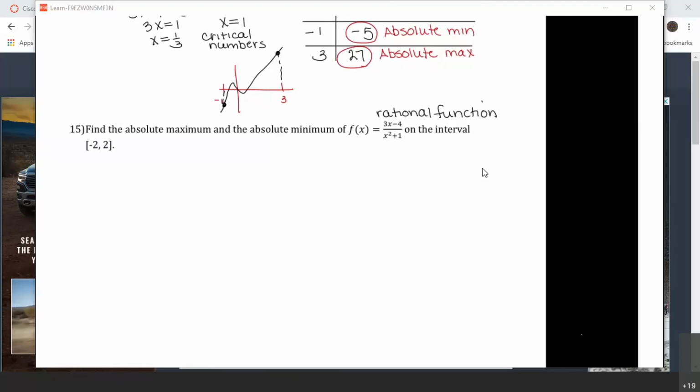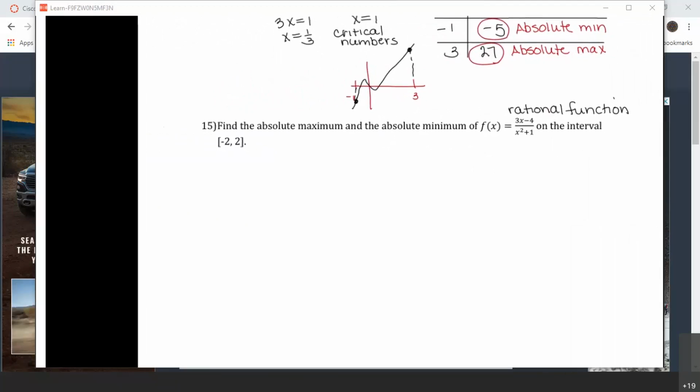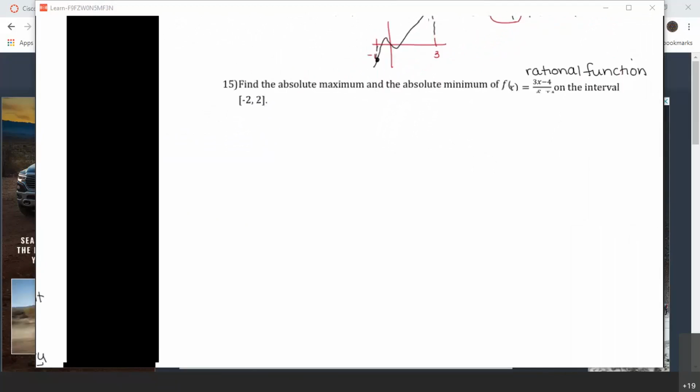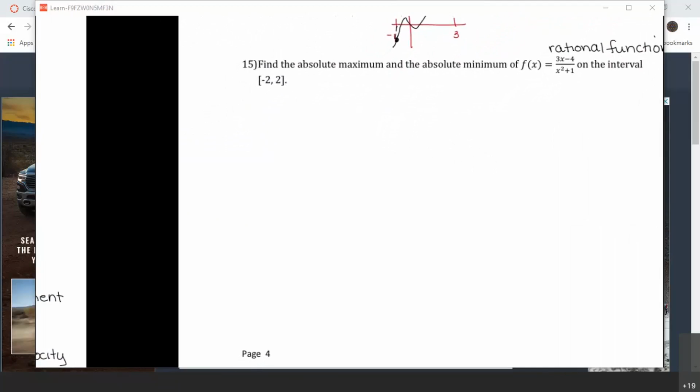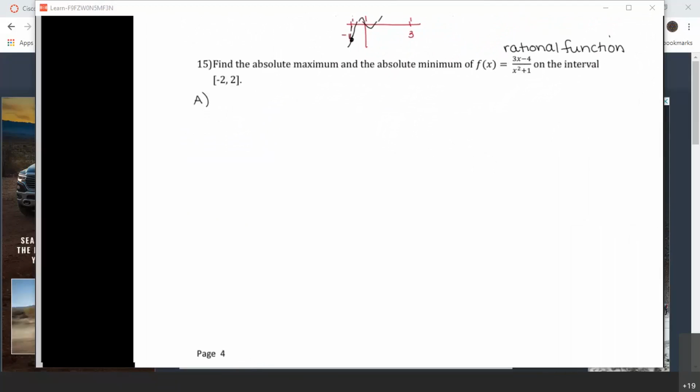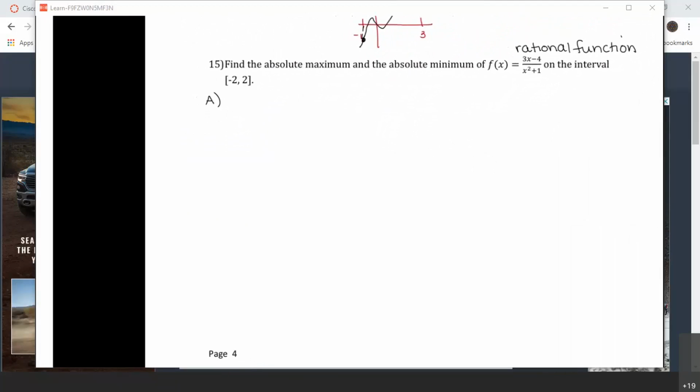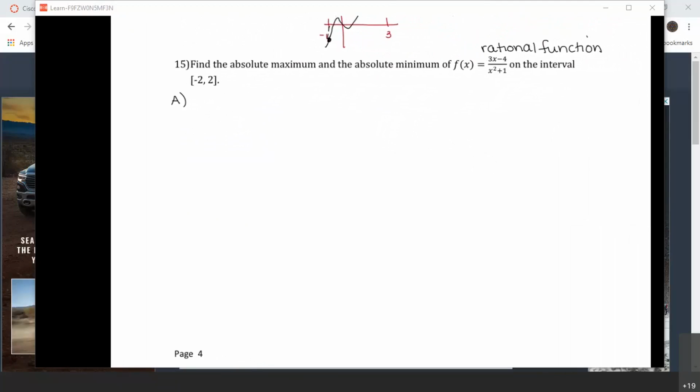Now, they're giving us an interval that goes from -2 to 2. So we're going to do things the same way. We're first going to take the derivative of the function and see if we have any critical numbers.